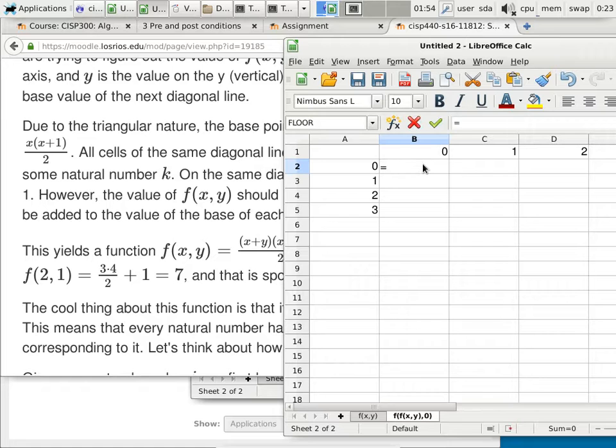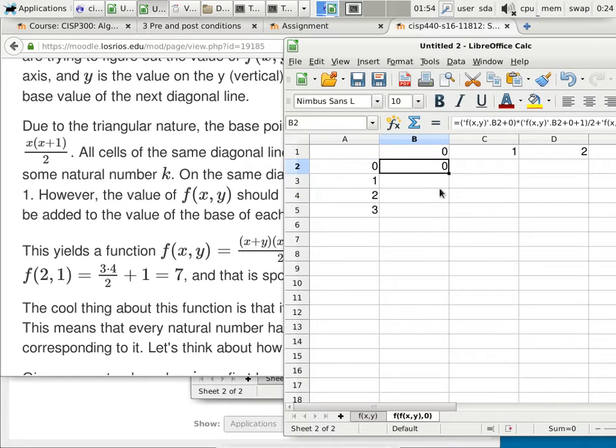So now we specify it: this number plus 0 plus, okay, that's it for the first one, times the same number plus 0 plus 1, the whole thing divided by 2, and then plus the y itself, and the y is still this one here.